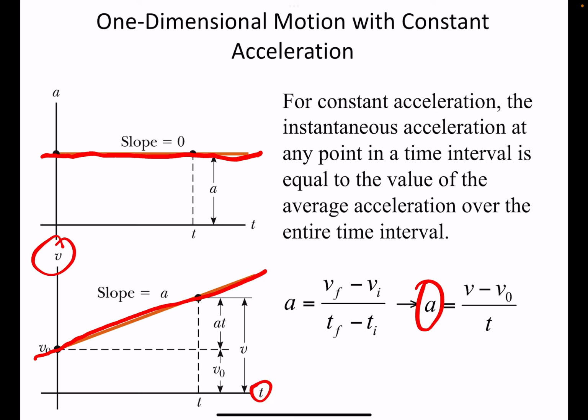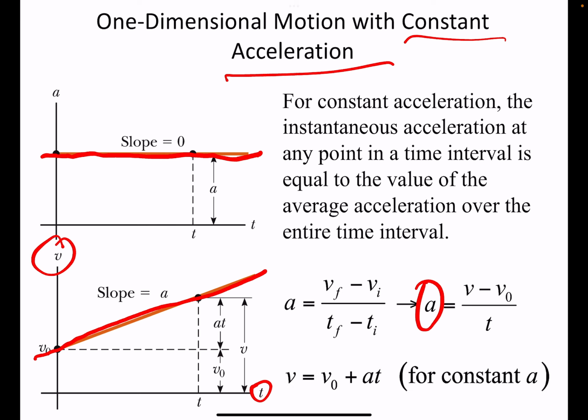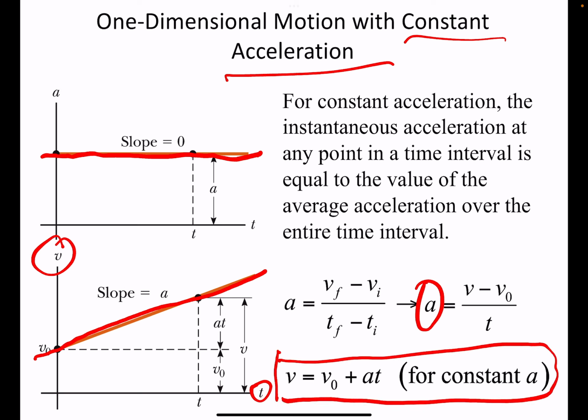So the velocity versus time plot for constant acceleration motion is a straight line. Keep in mind, for constant velocity motion the position versus time plot is a straight line. For constant acceleration motion, velocity versus time is a straight line. So we have our first kinematic equation for constant acceleration: final velocity equals initial velocity plus acceleration times time.